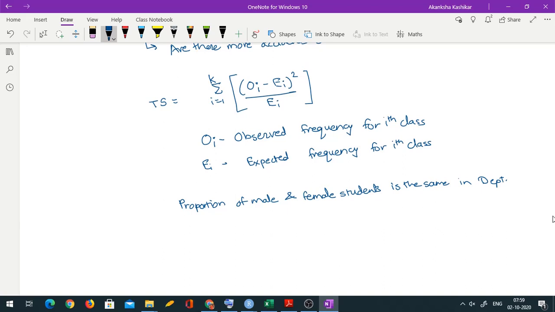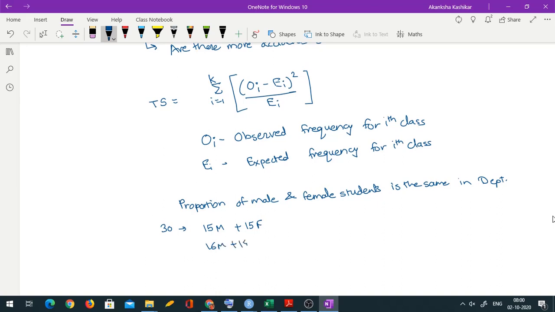You know that your coin is perfect, but that doesn't mean if you toss it 2 times you will get exactly one head and exactly one tail. Sometimes you get 2 heads, sometimes 2 tails, and sometimes 1 head and 1 tail. So chance variations are of course going to be there. If I assume that every batch has, say, 30 students, the ideal situation would be exactly 15 male and exactly 15 female. But that need not happen.